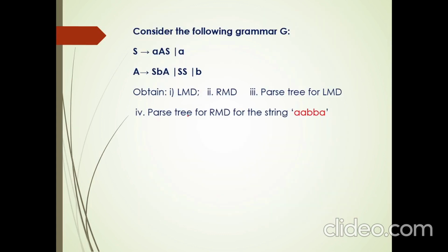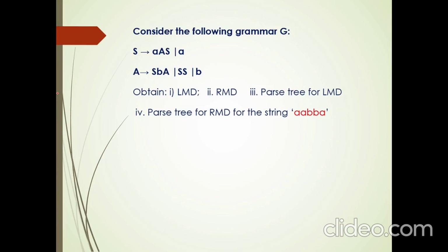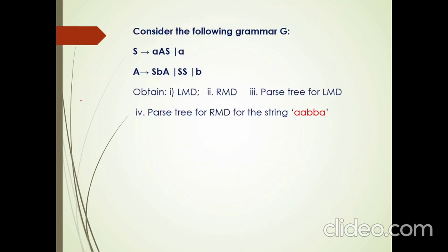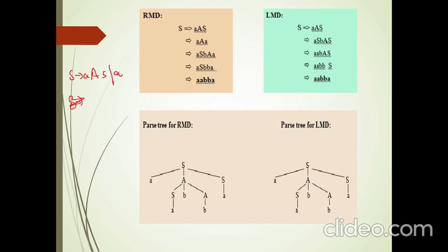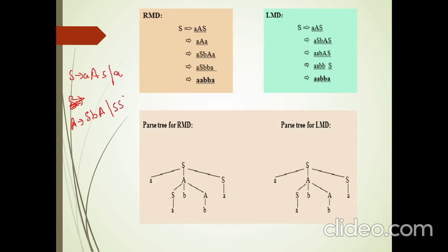So the grammar is S gives AAS, or A gives SBA or S or B. So this is the string. So S gives AAS.